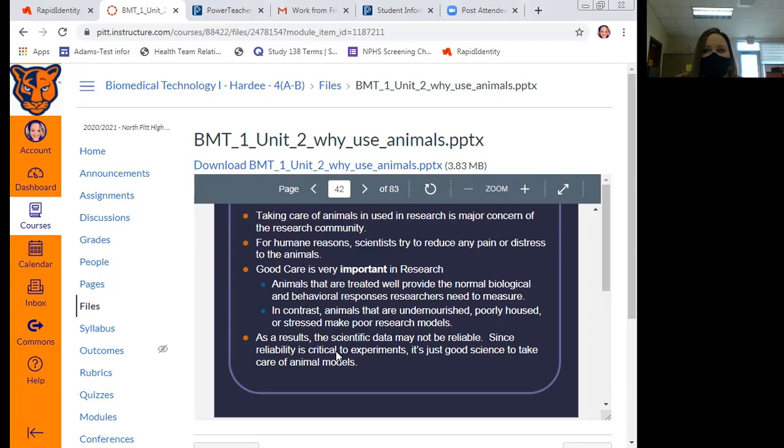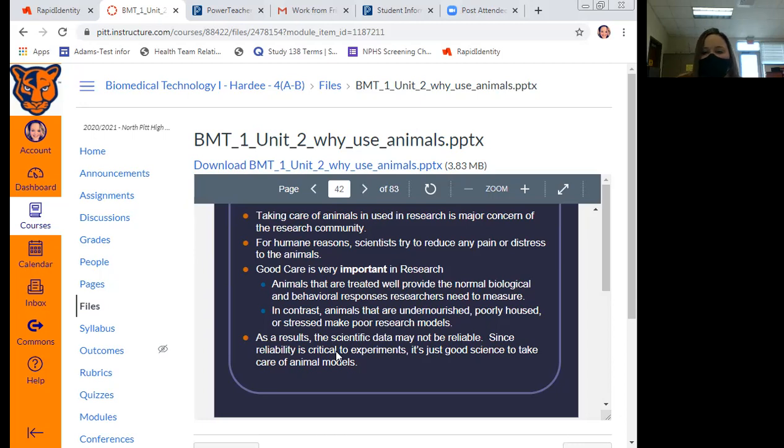So whether or not you agree with animal testing, you wouldn't want to spend all of this money and this time putting in the animal testing portion of it and not be able to use that data to your benefit, whether or not the data supports your medicine. So the animals cannot be in pain. They have to be well fed and taken care of. They have to have access to vets and things like that to treat them so that the results are considered reliable.